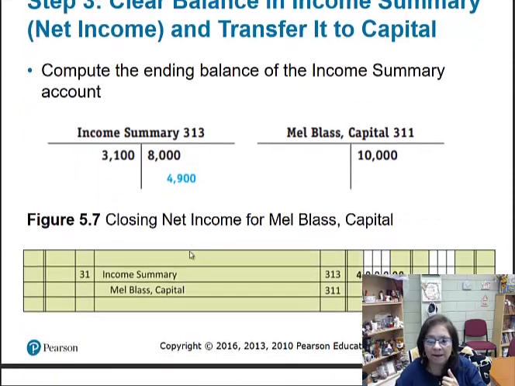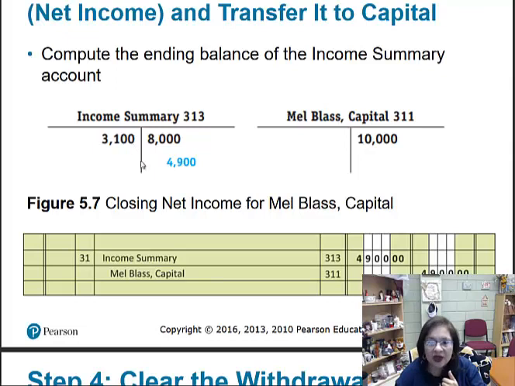Okay. So that's what's in your income summary, that you've made money. So then what you do is you take this $4,900, right? You've got it debited here, and then you credit the capital. Why? Again, because the capital, that's the normal balance. Debit and then credit.